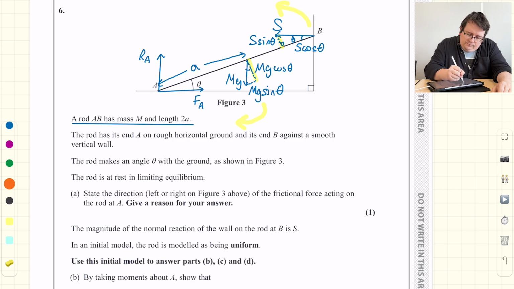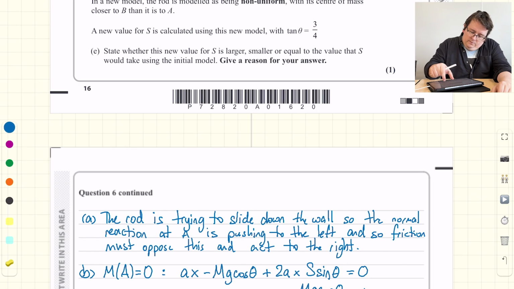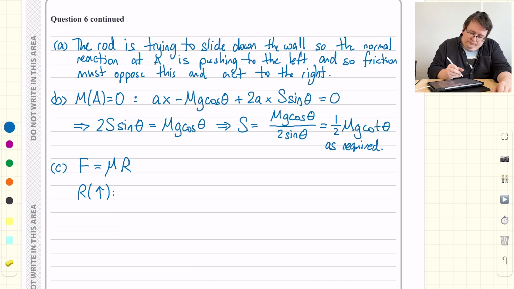So we've got R, take away mg, and that's it. They're the only forces that are acting vertically. So R take away mg is 0, so R equals mg.